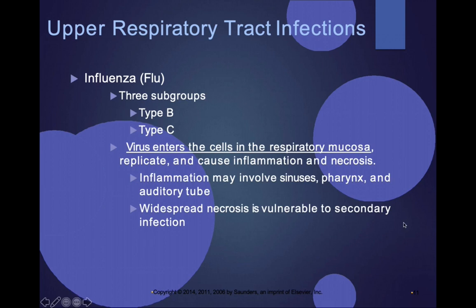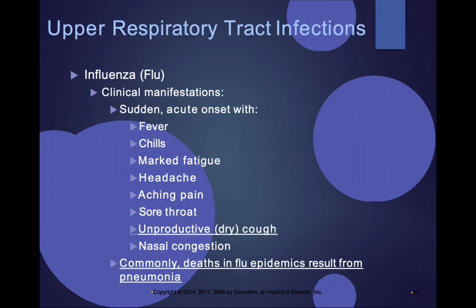The virus enters the cells in the respiratory mucosa, it replicates, and it causes inflammation and necrosis. The inflammation can involve the sinuses, the pharynx, the auditory tube. Everything just gets clogged. There's widespread necrosis. There could be secondary infections, and it's just achy all over, right? There's aching pain, there's fever, there's chills, there's marked fatigue.